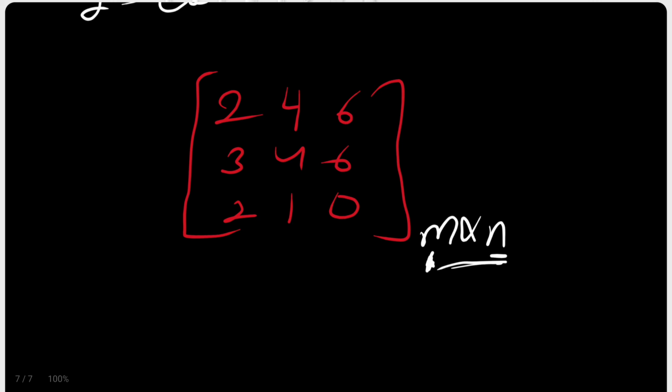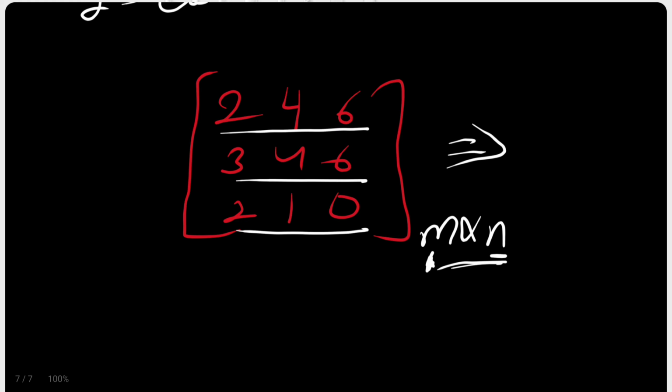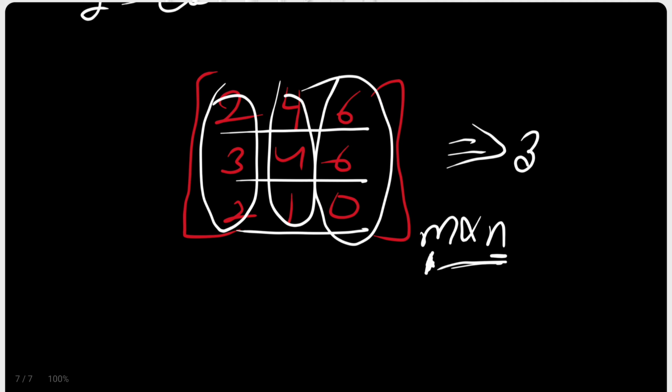How many rows in this one? Let me write: 1 2 3. We have 3 rows, and columns 1 2 3, so 3 columns. It means this is a 3 cross 3 matrix.